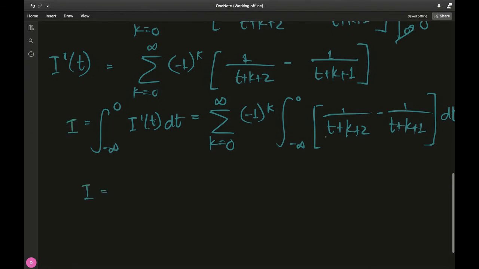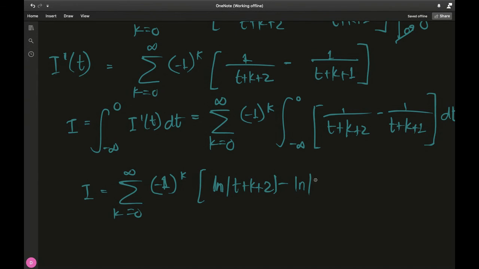Okay, and this is I. So I is, well, just write the sum as it is from 0 to infinity of minus 1 to the k. The antiderivative of the first term will just be the natural log of the absolute value of t plus k plus 2, minus the second term, whose antiderivative is the natural log of t plus k plus 1, evaluated from negative infinity to 0.